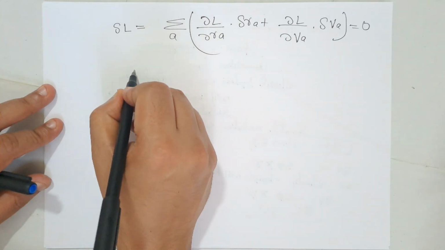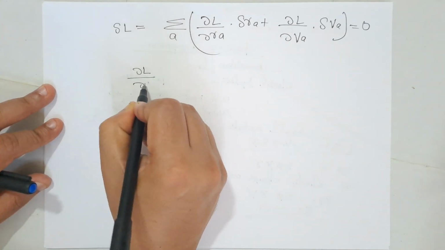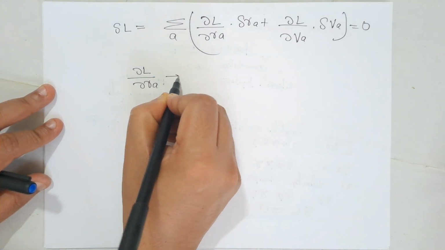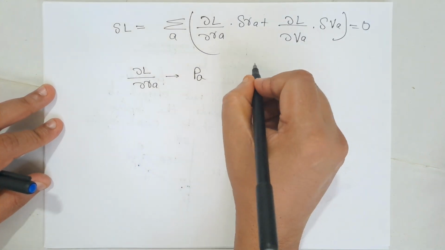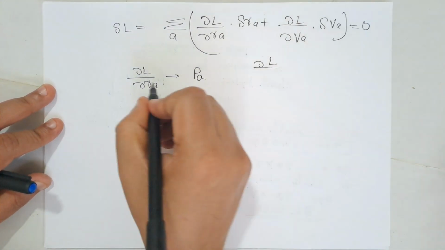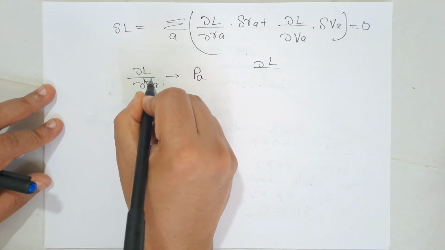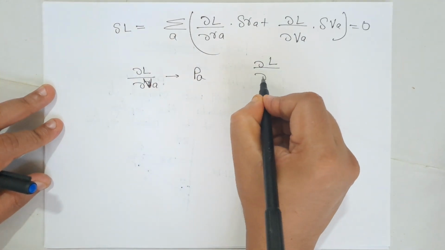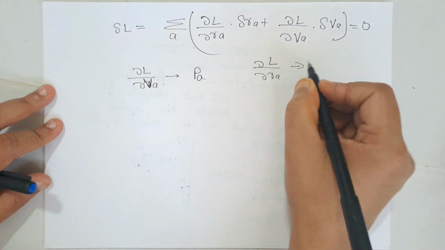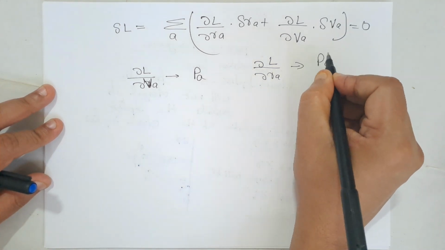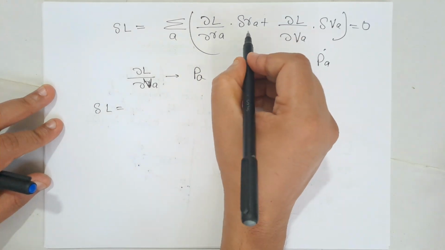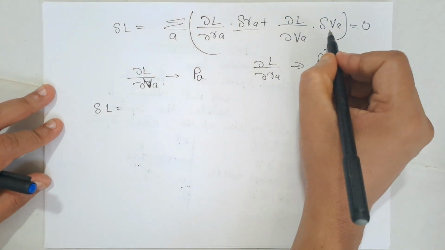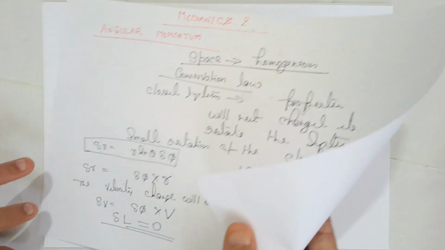And we know that partial L by partial v_a is nothing but the momentum, and partial L by partial r_a is nothing but the rate of change of momentum. So we plug this in, and we also calculated delta r_a and delta v_a.